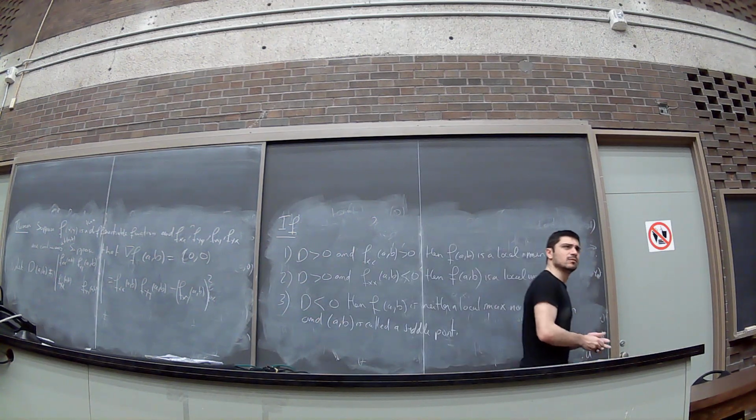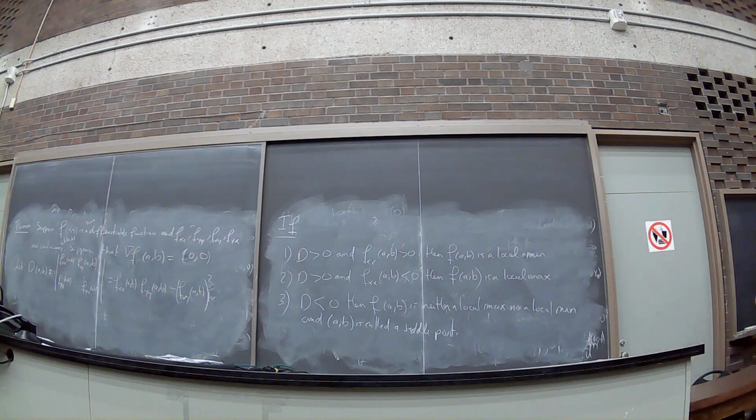Inflection point, well, what is an inflection point? It's where the second derivative vanishes and changes sign, right? Does that have to do with the local max or min? I don't think so.